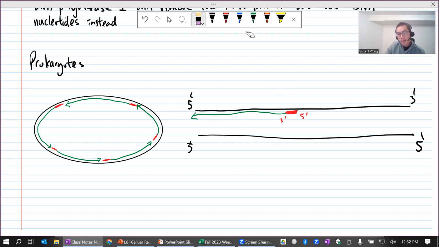But as the bubble opens more, you need another primer and another primer, and polymerase 3 can only build in the 5 to 3 direction. Same thing for the bottom. You will have a primer here, and then you'll be able to go all the way to the end. You will need another primer and another primer, and then go this way.